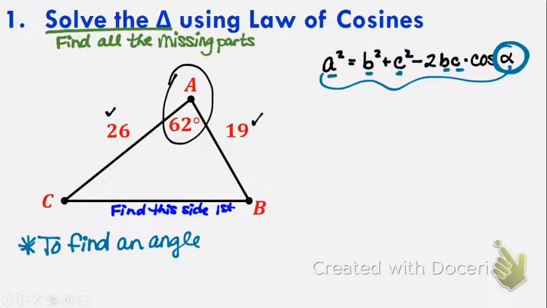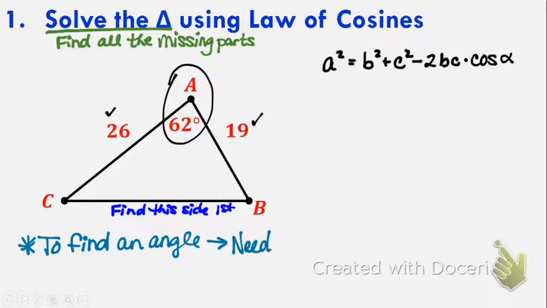I'm only allowed to have one unknown. So if I'm looking for an angle, I need all three sides.